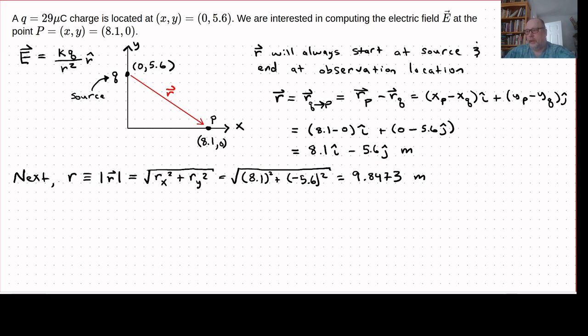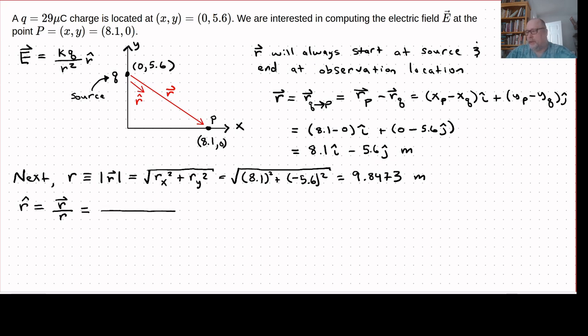Okay, so now that we have r, we can compute the unit vector. The unit vector for r is the vector that points in the same direction as r, so I'll draw a little tiny vector here. By definition, it's dimensionless and it has a length of 1. We can easily compute that by taking the original vector and dividing it by its length, which shrinks it down to a vector of length 1. So the recipe to get the unit vector is to take the regular vector and divide by its magnitude.